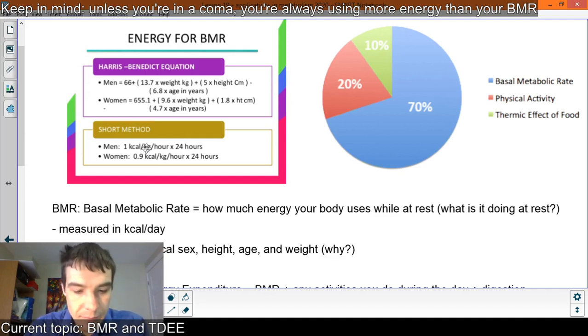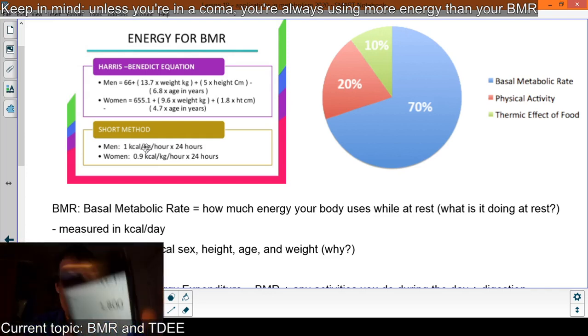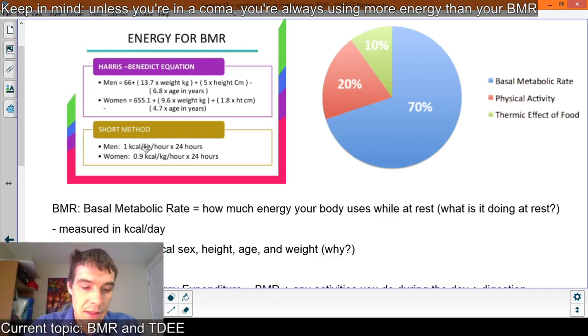So for me, that comes up with 1,800 kilocalories a day. That's the short method. That includes basic physical activity and the thermic effect of food.